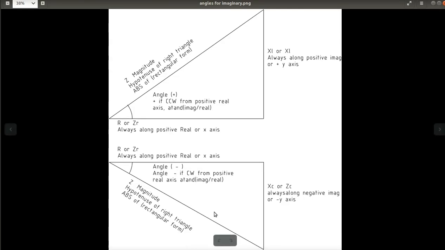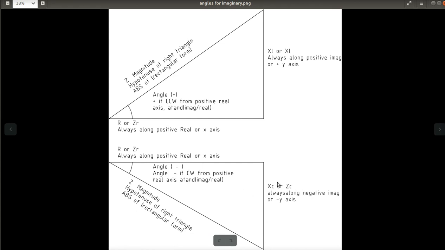My XC will always be negative, my XL will always be positive, whatever the difference is. So in the case that I illustrated, I have about 3,000 ohms of resistance and about 3,000 ohms of capacitance net. So my triangle would look like this for the impedance.